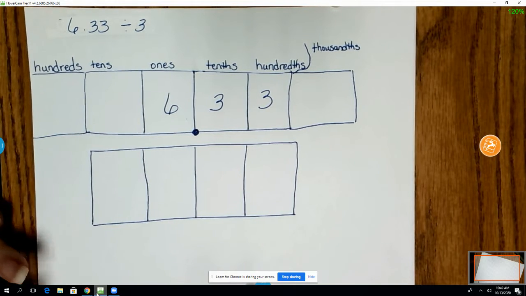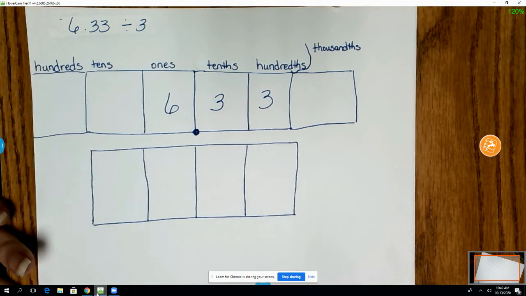Then they're going to ask you to show how many should be in each place value. I don't have the little tabs that are on the program to be able to click those like you would, so I'm just going to draw them.